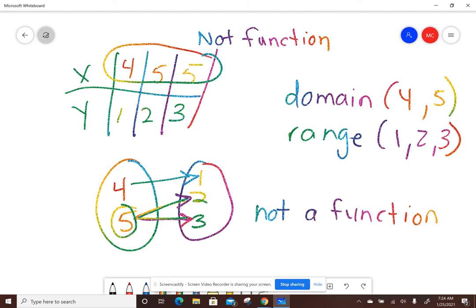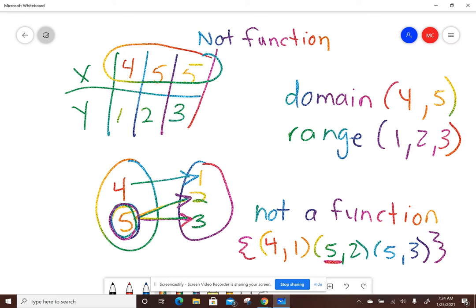For this particular x, how many y's are there? 2. So it's not a function. If I was to write this using set notation, (4, 1), (5, 2), (5, 3), I notice x repeats, not a function.